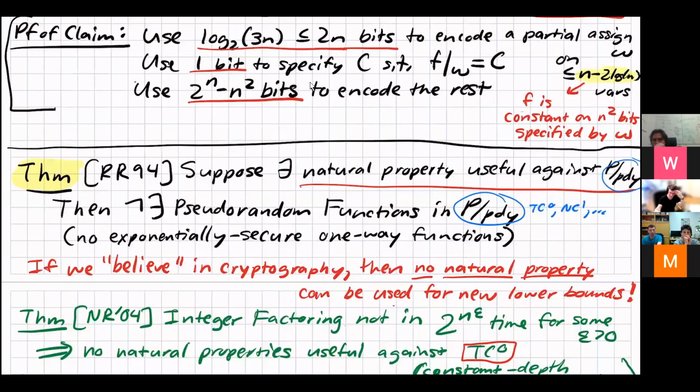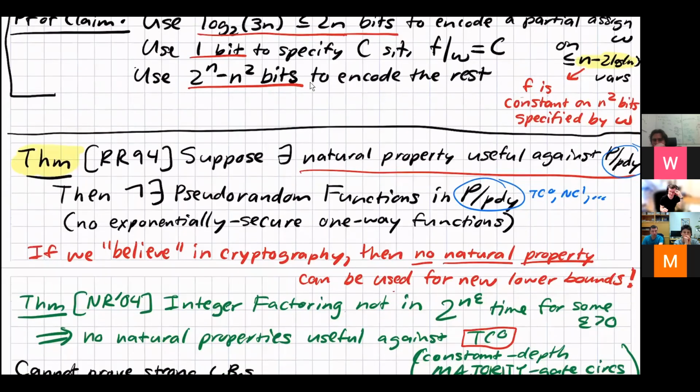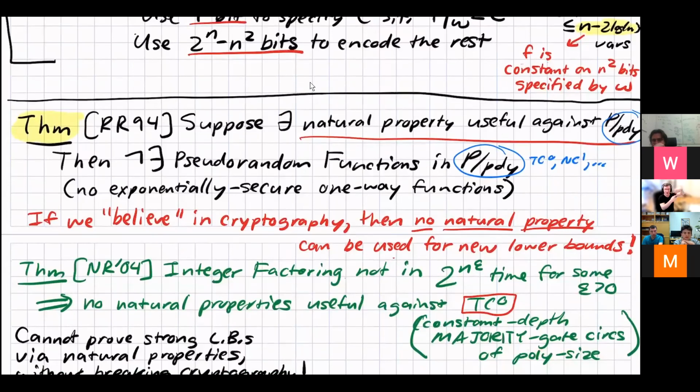Naor and Reingold showed that if integer factoring is not in 2 to the n to the epsilon time for some epsilon, then there are no natural properties useful even against TC0, which is constant depth majority gate circuits of polynomial size. You allow majority as one of your possible gates, with an unbounded number of inputs, and negations. This already holds, I guess, for TC0 depth 4.